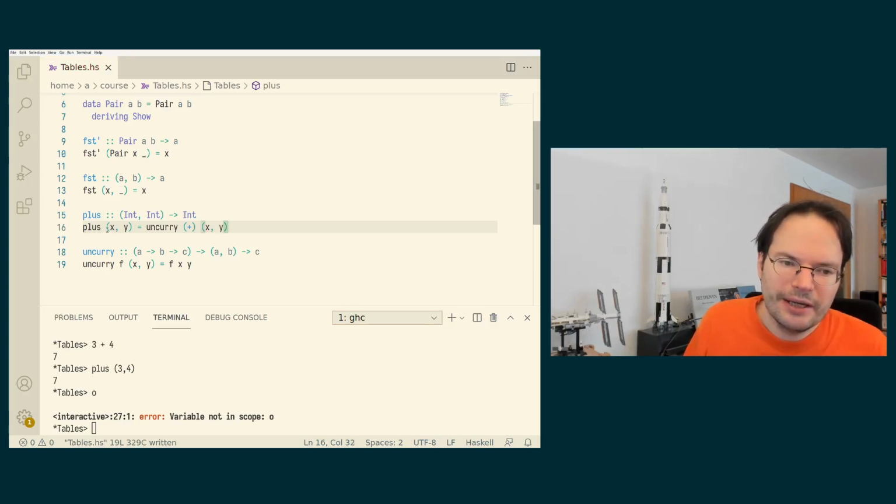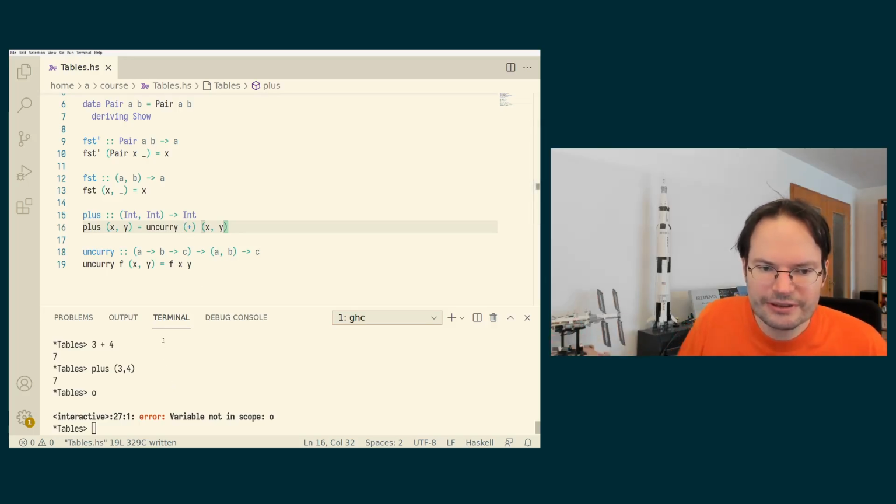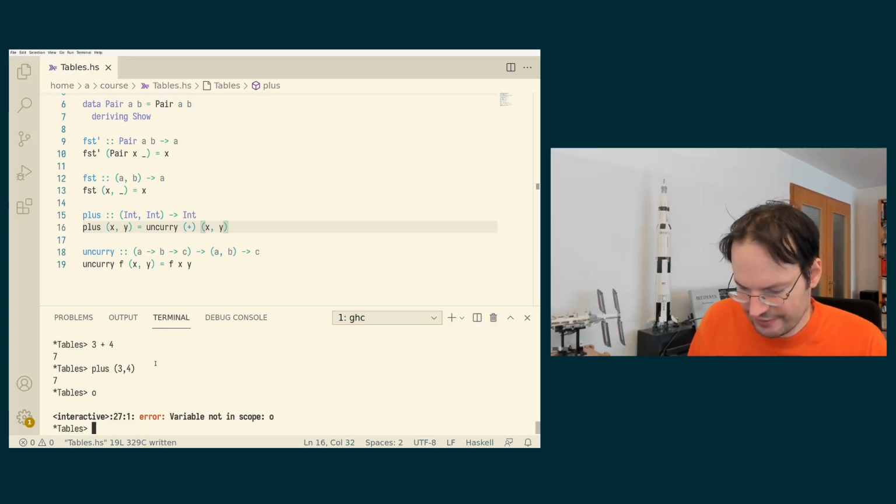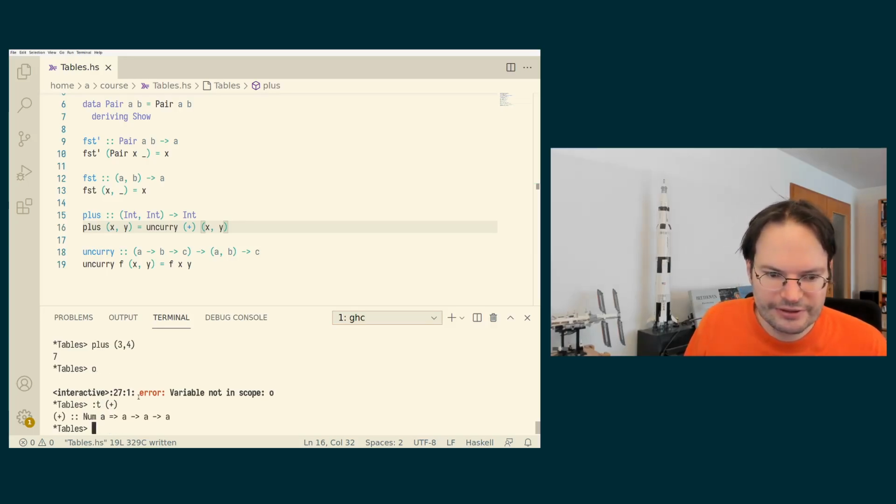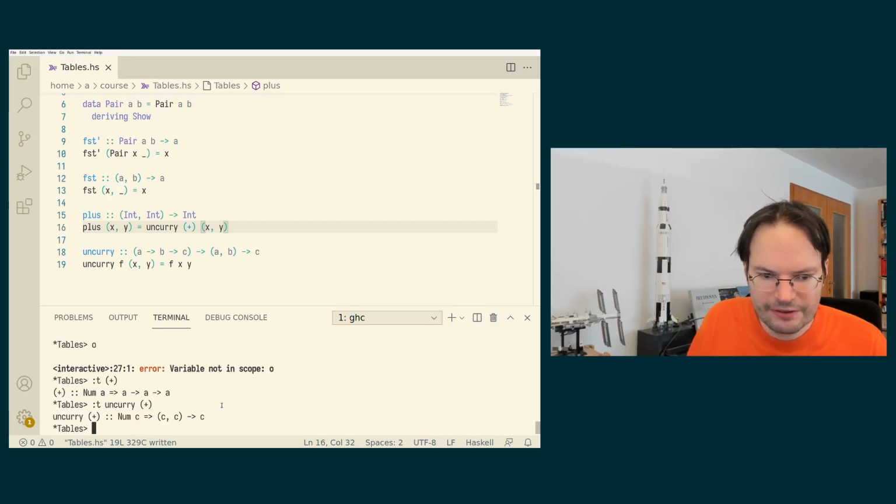If we have a pair of x and y, then we could call uncurry on the plus function, turning plus into a function that rather than expecting its two arguments separately in curried form, as plus does, right? The plus operator is a to a to a, so it fits this pattern. So uncurry of plus is now expecting both its arguments as a pair. So we can feed the pair that we got to that.